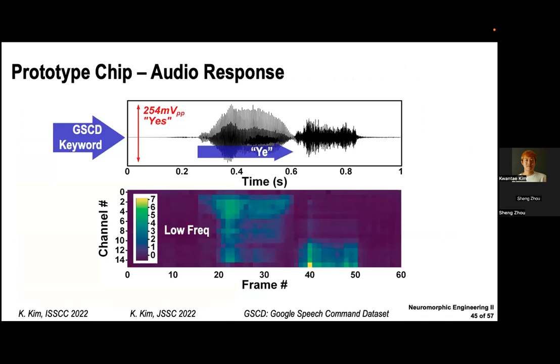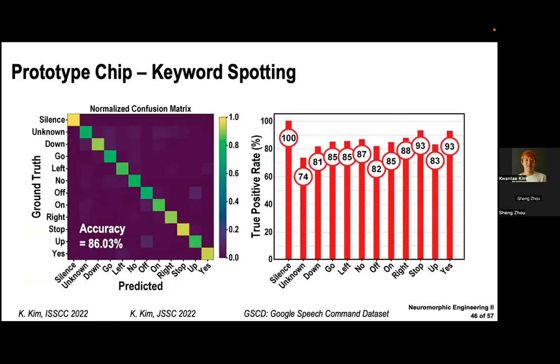Here is an example of the audio signal response with the Google Speech Commands dataset. We applied the GSCD keyword 'yes' signal with 254 millivolt peak to peak. Then we can find that one part of the 'yes' signal has a low-frequency response, and another part has a high-frequency response, which can be definitely helpful for analyzing and interpreting the keyword at the RNN classifier stage.